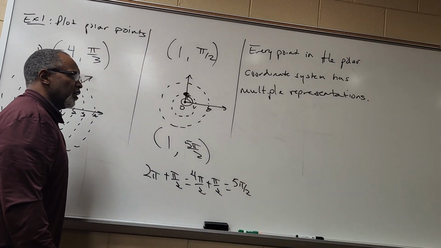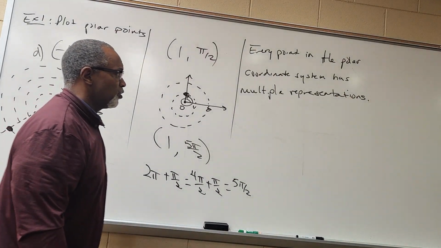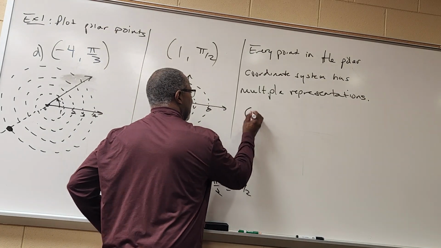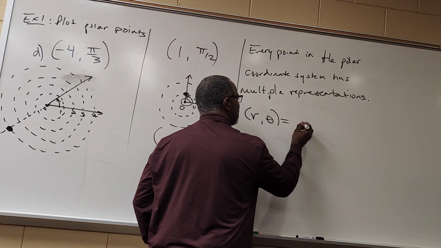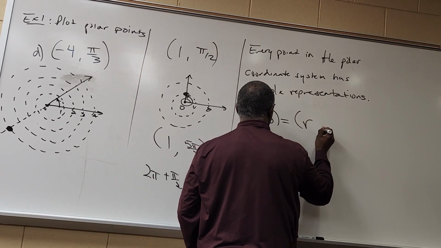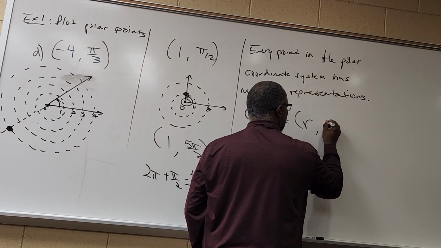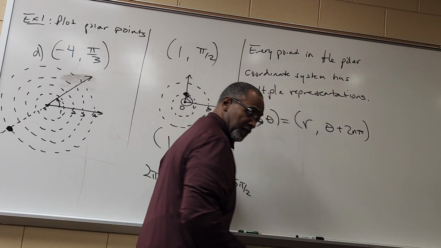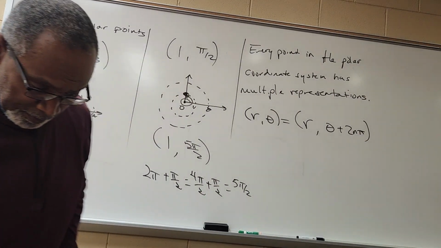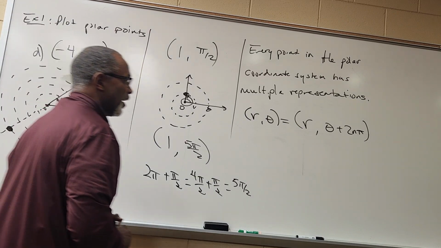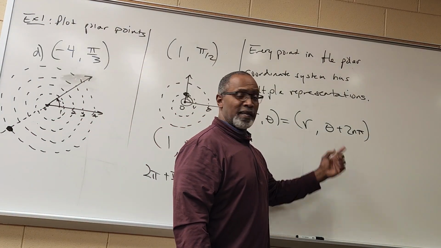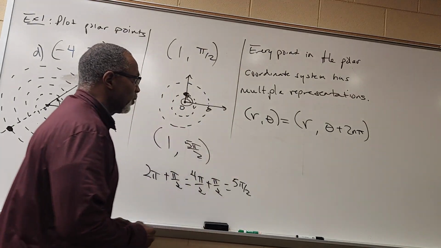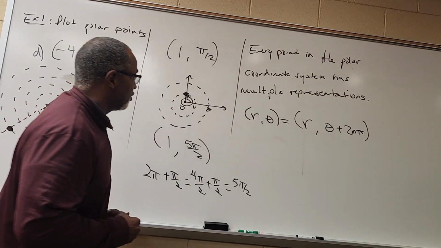We saw it right here. So what we're saying is r comma theta will be equal to r comma theta plus 2n pi. That's one way to write it, because I can keep adding multiples of 2 pi to that angle and I'll just keep winding up at the same point. Now there's another way to get a second representation.